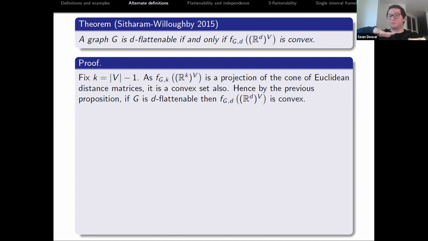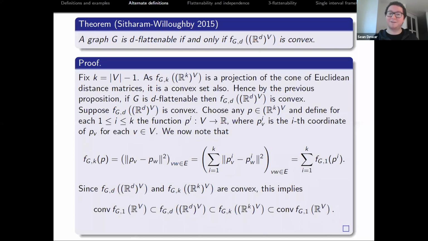We only care about the ones in G, so it's a projection. The projection of a convex set is always convex. So this means that this set has to be convex. And we just said by the previous proposition that G is d-flattenable if and only if this is equal to this. So if G is d-flattenable, then this is equal to this, so this also has to be convex.